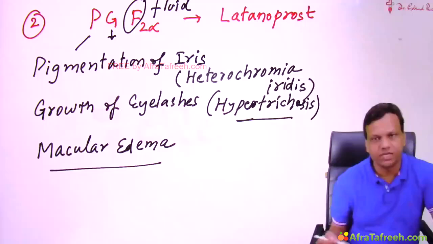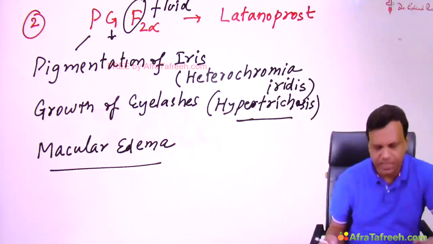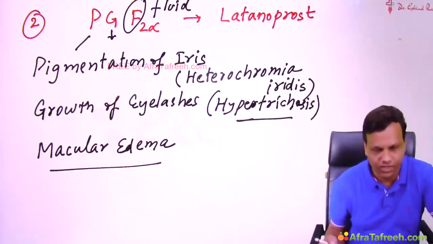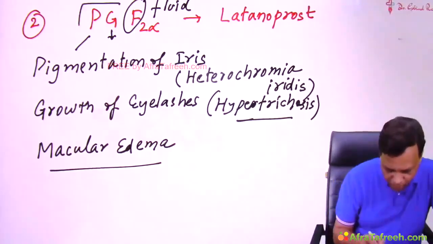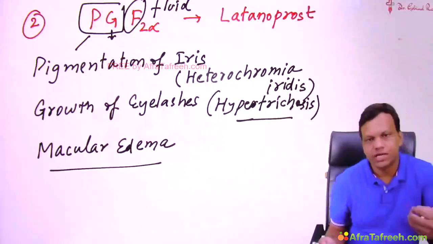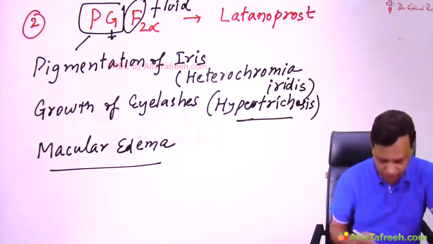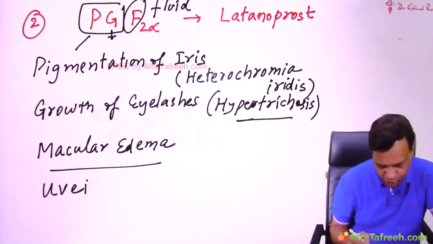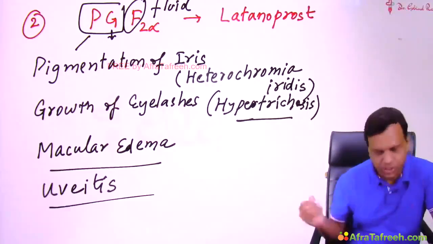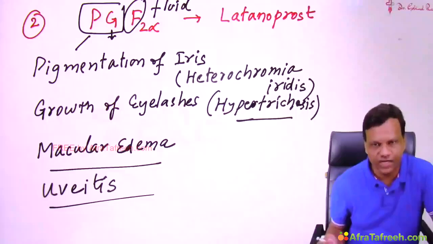Fluid in the macula means edema. So macular edema is the side effect of the latanoprost group of drugs. And plus you all remember they are prostaglandins, so they can cause inflammation, and inflammation means they can precipitate uveitis. Okay? So they should not be given to a patient with uveitis.